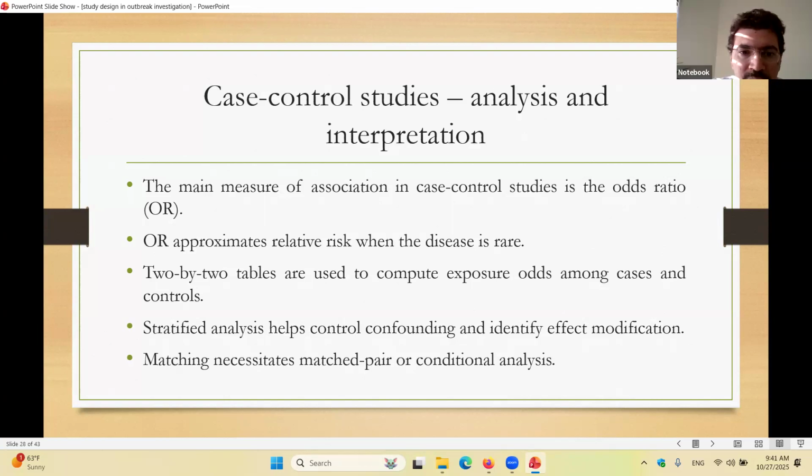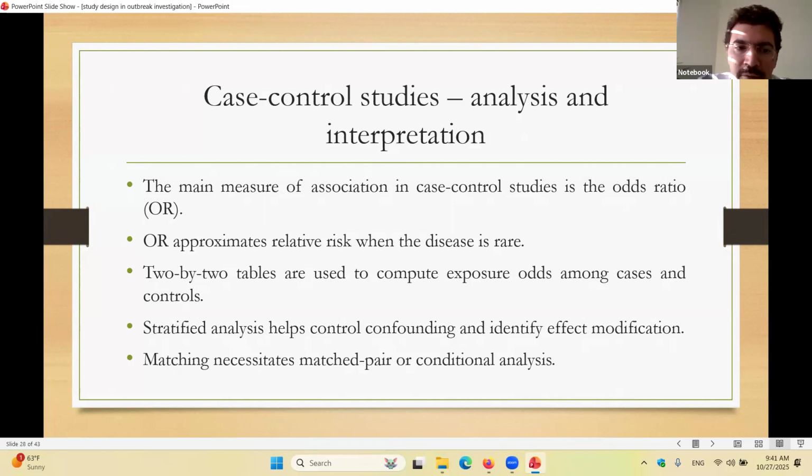Association measure shows a magnitude of a statistical association. But this statistical association may be confounded by confounders, or maybe distorted by some bias. If we have no confounding and no bias, this association is an effect, is causal, and therefore we can use the term effect size instead of strength of association.